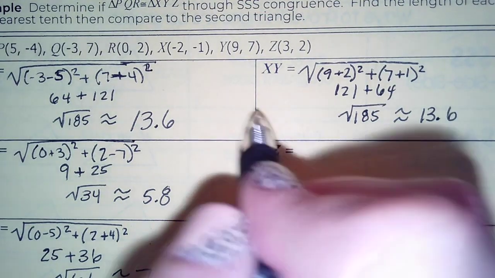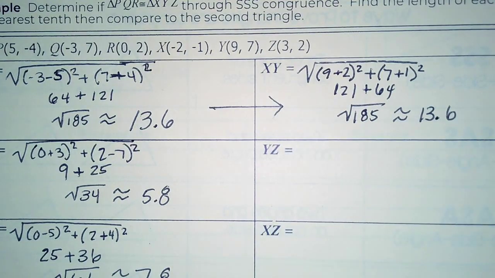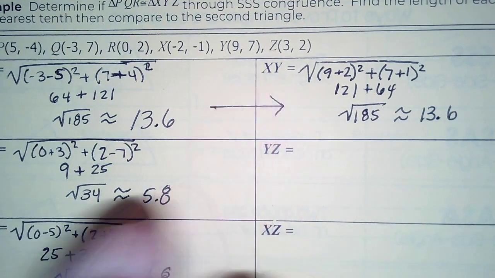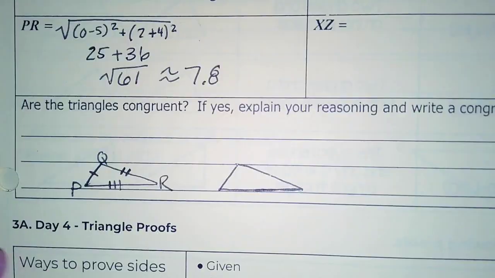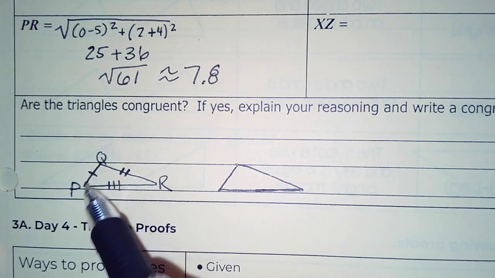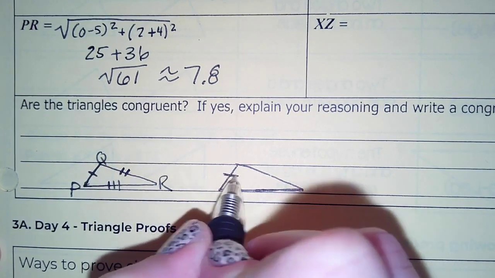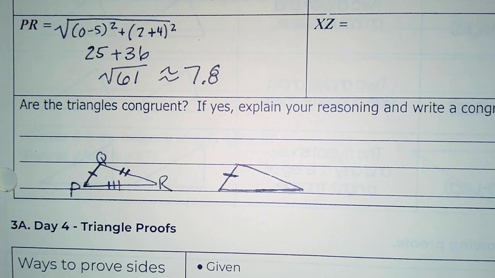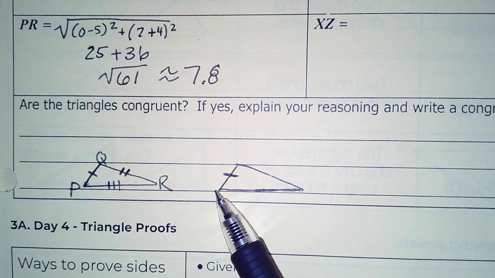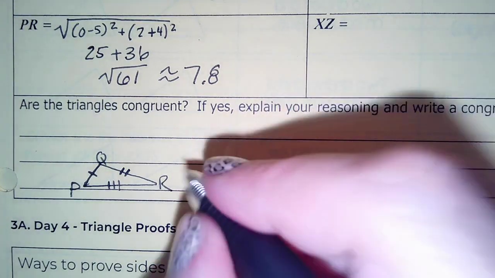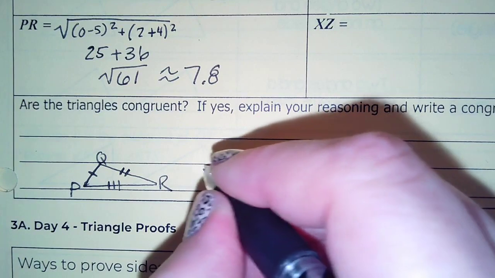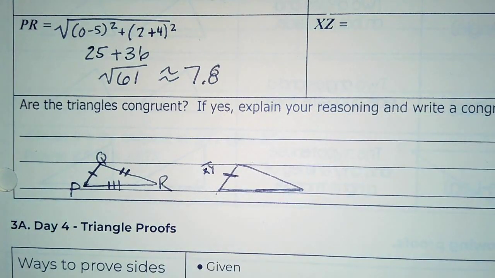So these two match up. These two segments are congruent. So in my triangle here, if PQ is this leg, then this leg must be named XY. But do I know for sure if X goes here or here? Not sure yet. However, I do know that this should be leg XY somehow, right? So I'll just write myself that note.